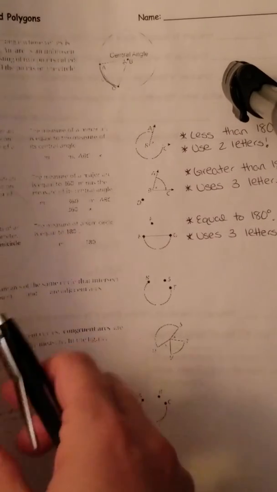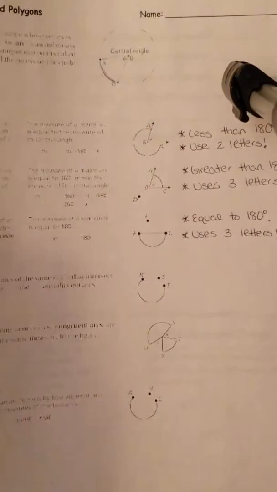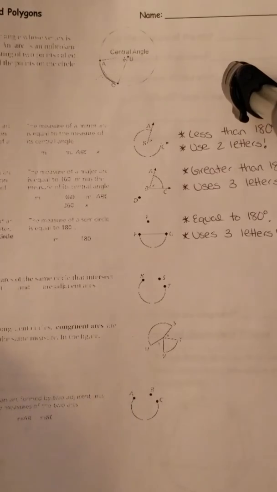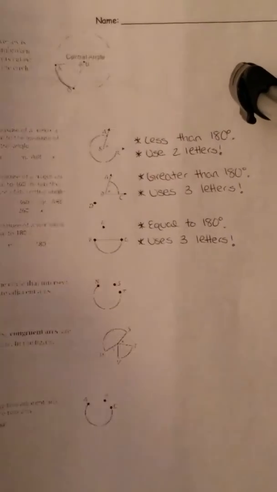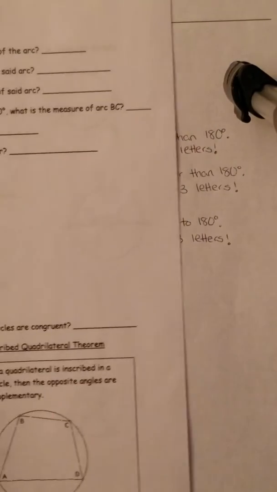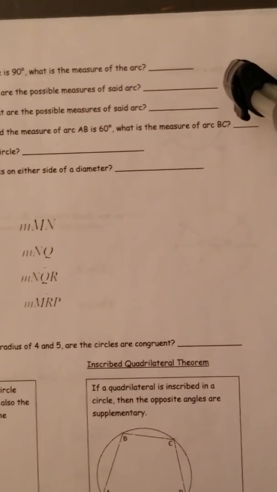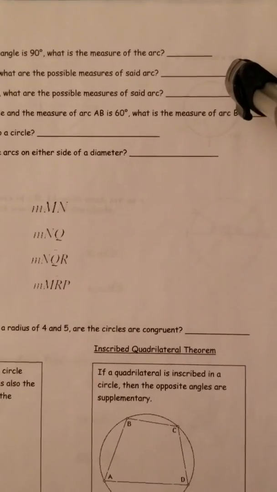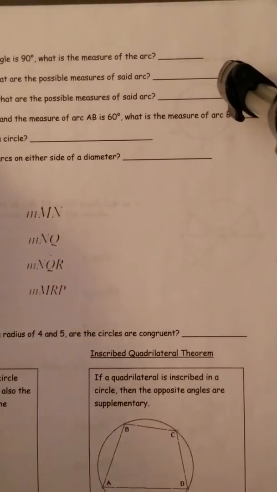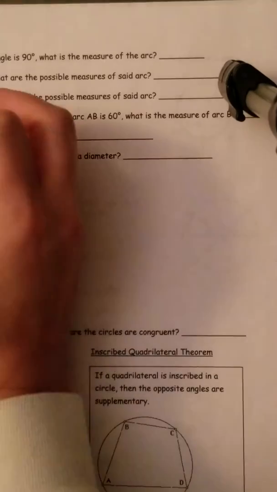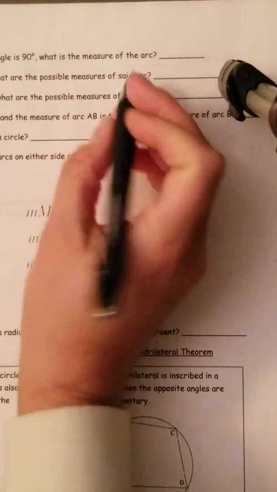All right, so I'm going to do a couple of examples with you guys. If the measure of a central angle is 90 degrees, what is the measure of the arc?